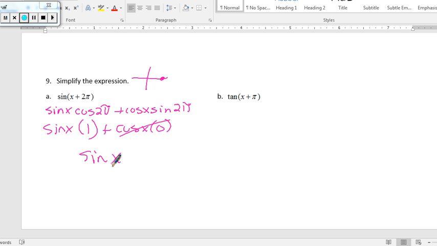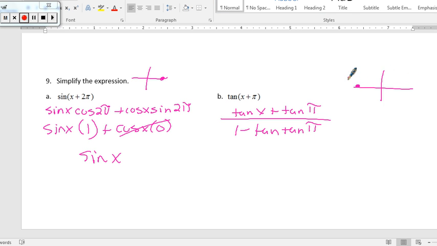All right, and let's just try this last one with the tangent. It is a tangent sum formula. So the tangent of x plus the tangent of pi, all over 1 minus tan x times the tangent of pi. At pi, we are here at the point negative 1, 0.